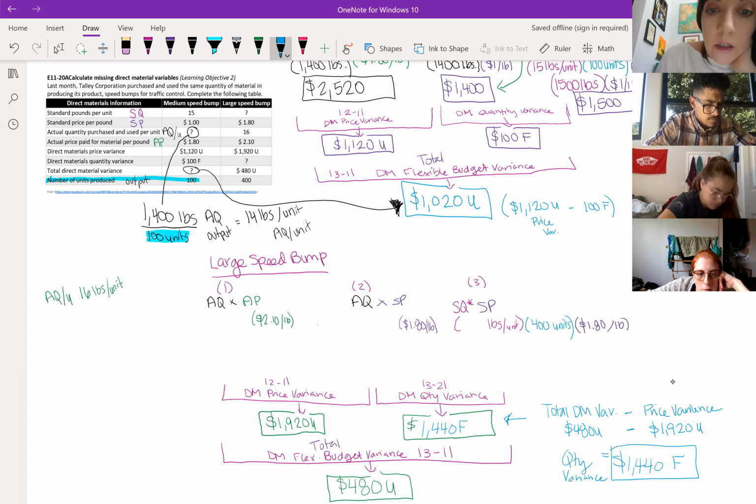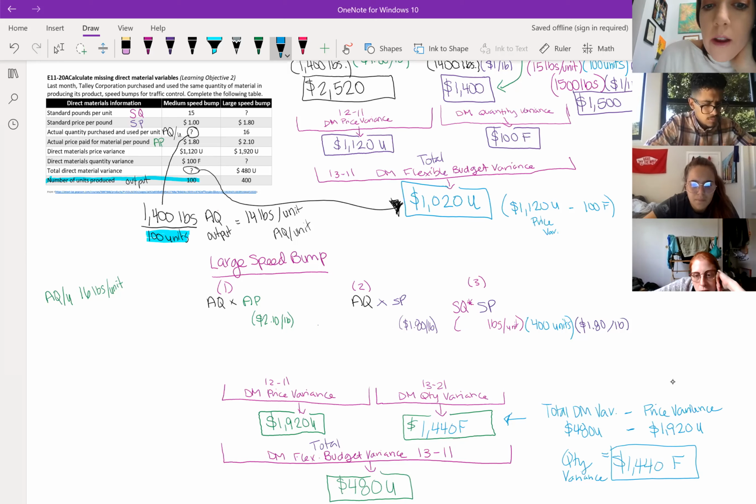If you have an unfavorable price variance, that means your actual price paid is higher than what you should have paid, the standard price. And if you look here, it's 30 cents higher per pound. So that's why it's unfavorable.